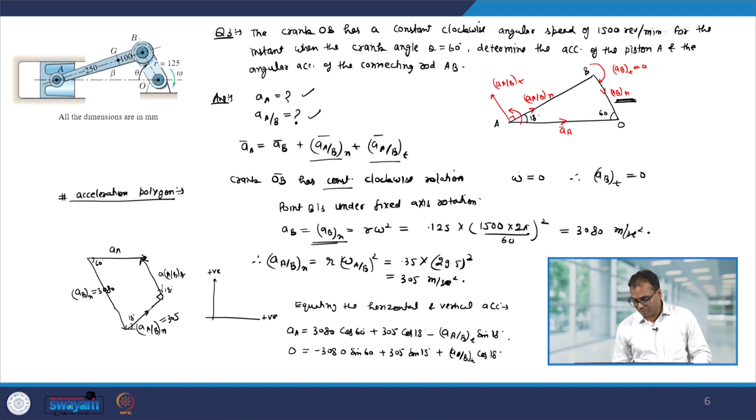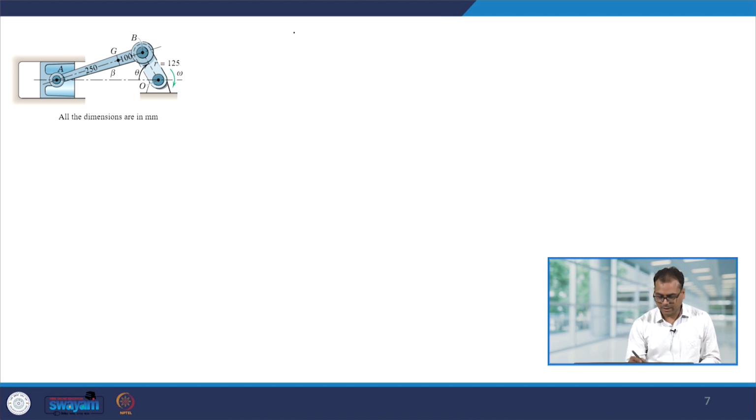So, now we have two equations and there are two unknown. From here we can find out that A_ABT equal to 2710 meter per second square and A_A equal to 994 meter per second square.